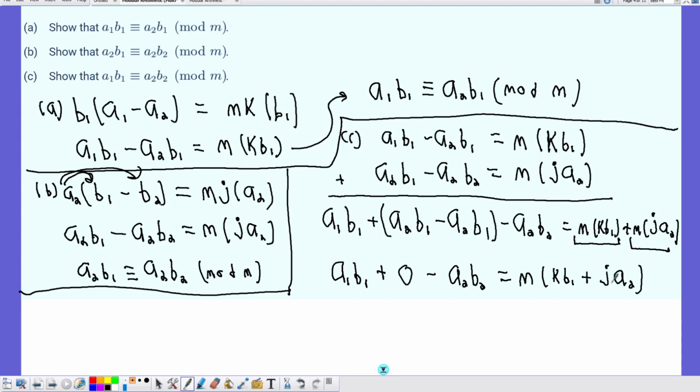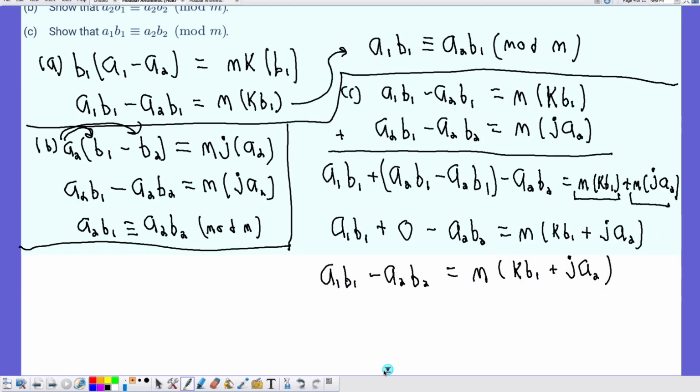Then I can simplify even further. This 0 just goes away. We have that A1 B1 minus A2 B2 is the same as M times K B1 plus J times A2. Now, where does that get me?